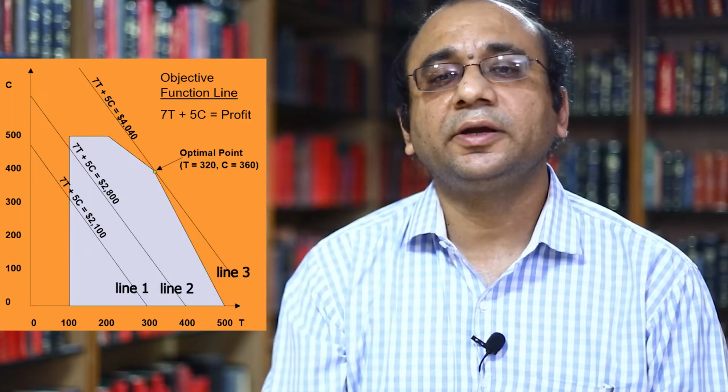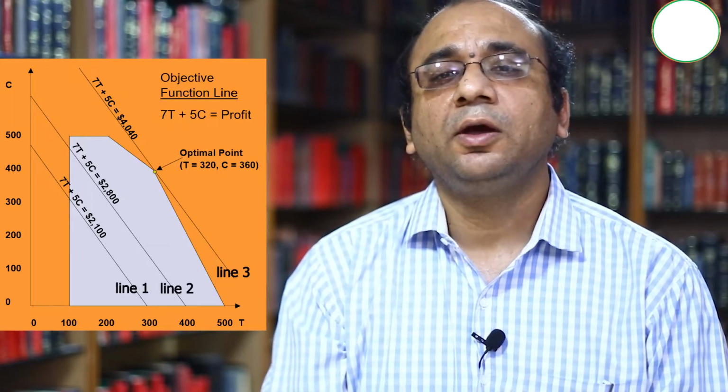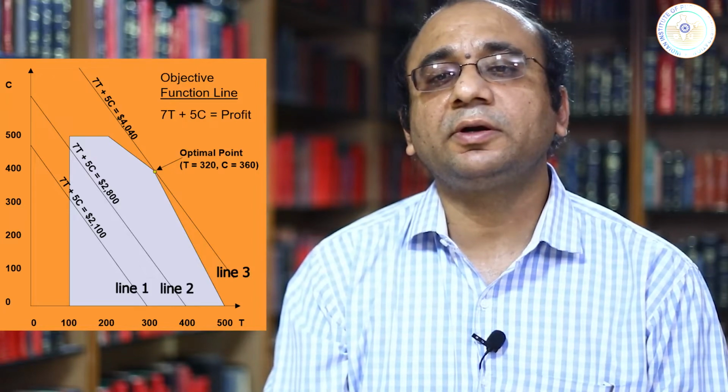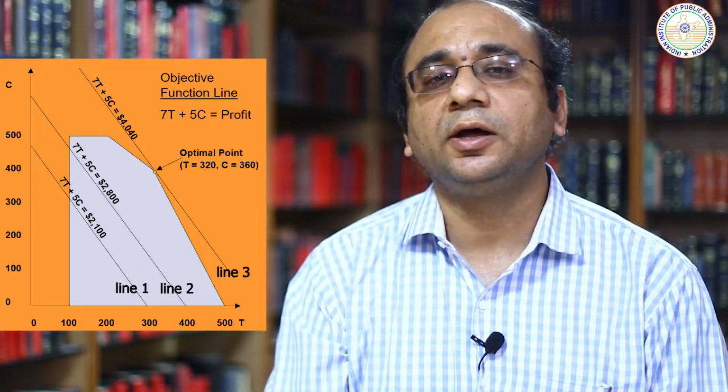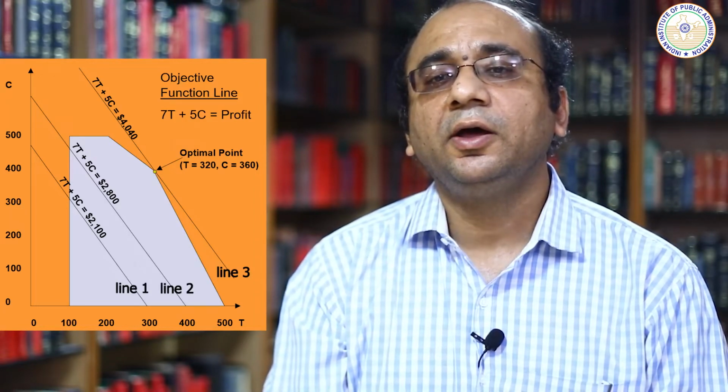Let's first understand the hit and trial method. In this method, we plot different linear lines onto the gray shaded area.